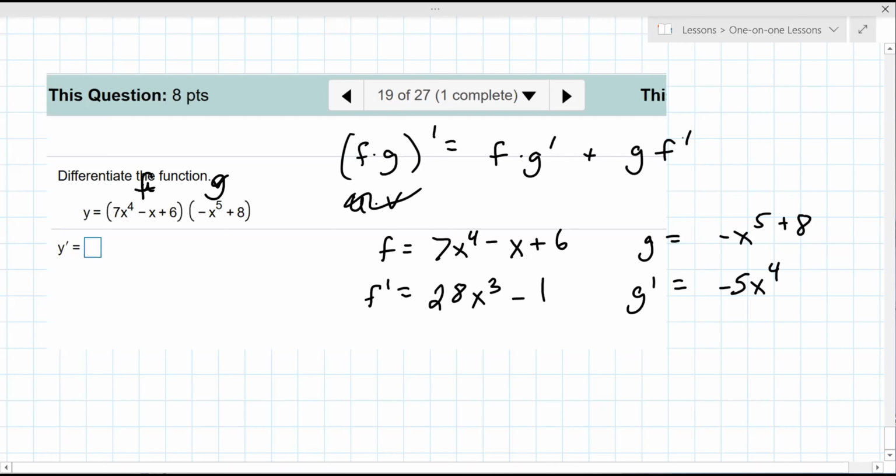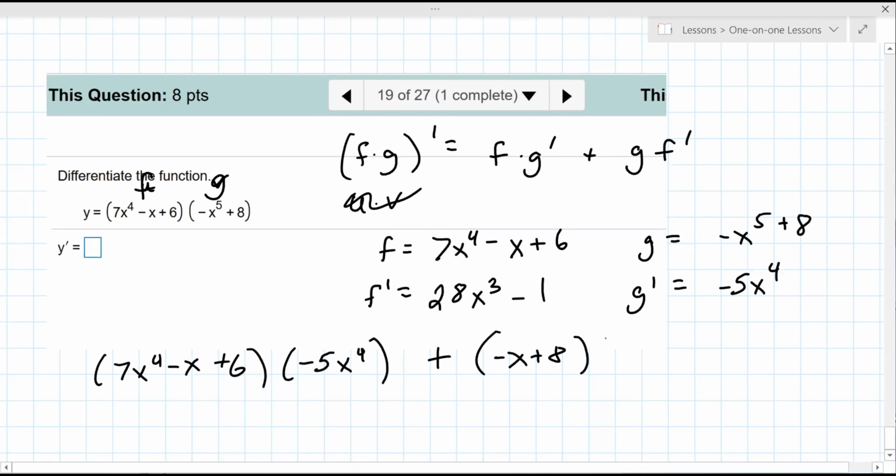Then you just have to match those things. So F here is 7x to the 4th minus x plus 6 times the derivative of the second, which is minus 5x to the 4th, plus minus x to the 5th plus 8 times the derivative, 28x cubed minus 1.